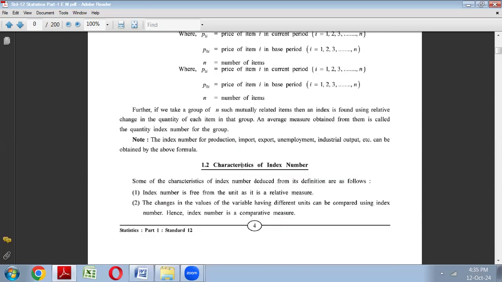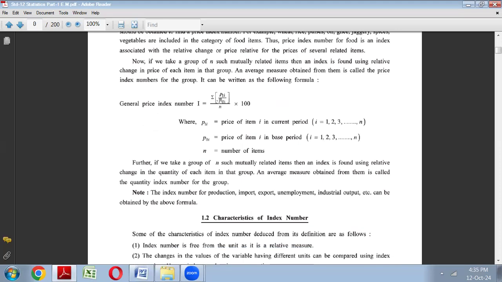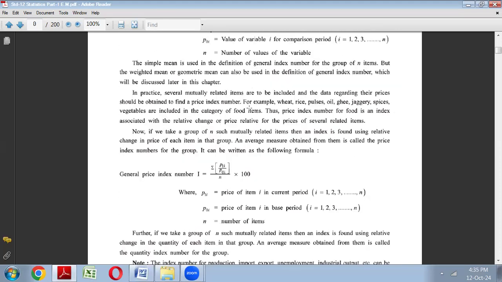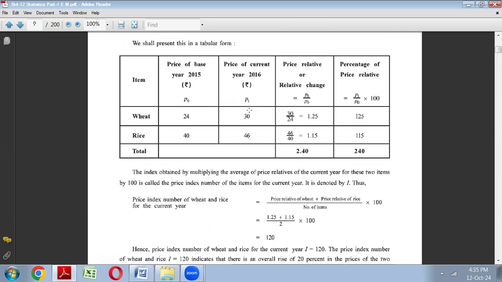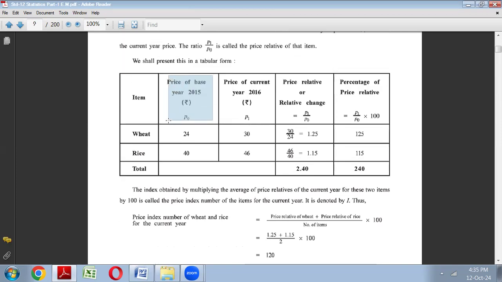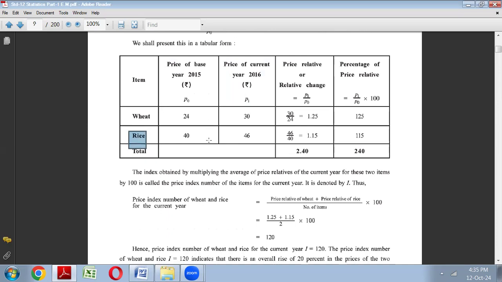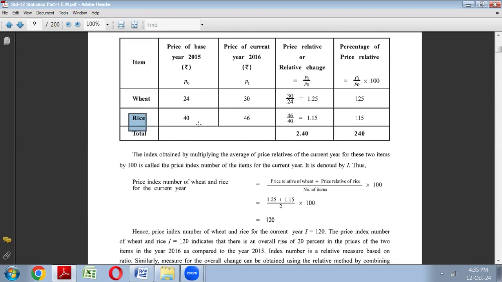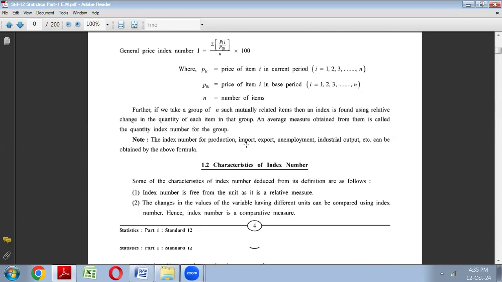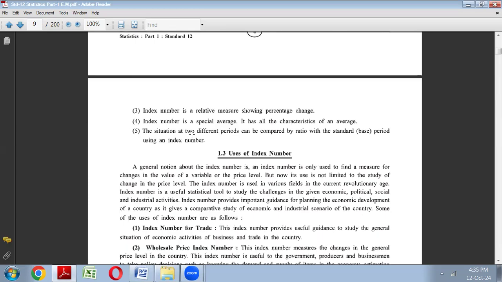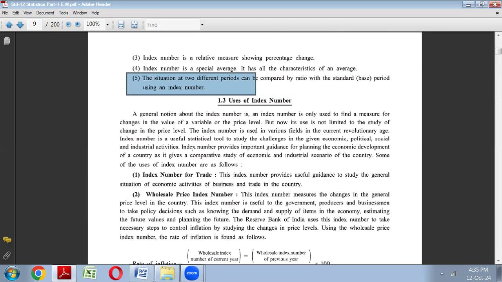Suppose you have data about the price in 2015 and the price in 2016 of two commodities, wheat and rice. Basically, it is nothing but a comparison of base period and current period. So here two time periods are being compared. That is the meaning of this. So these are the characteristics of index number.